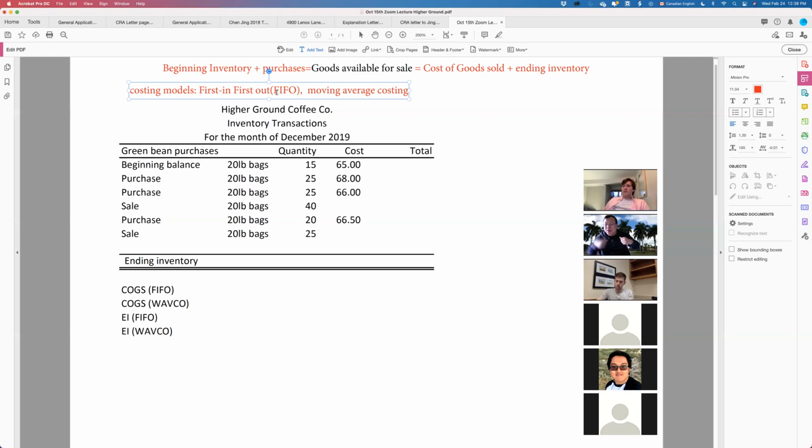That means the customer will always buy the relatively older items. The new items will be sold later, the old items will be sold first. So first in, first out. That's the concept of FIFO. They try to approximate the inventory flow. But in real life, is that true?